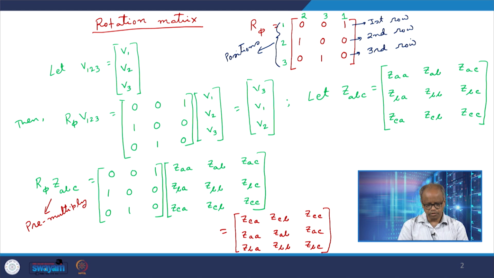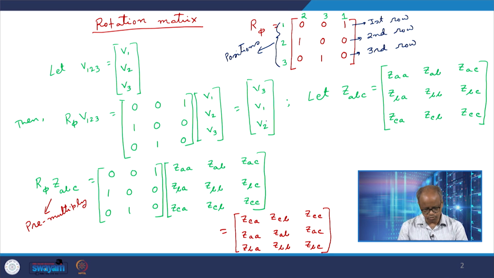When we pre-multiply this matrix R phi with a vector, the third row comes to the first position, the first row comes to the second position, and the second row comes to the third position.